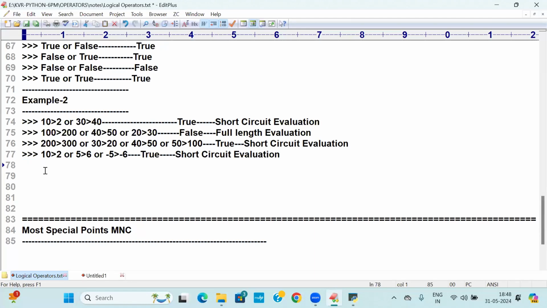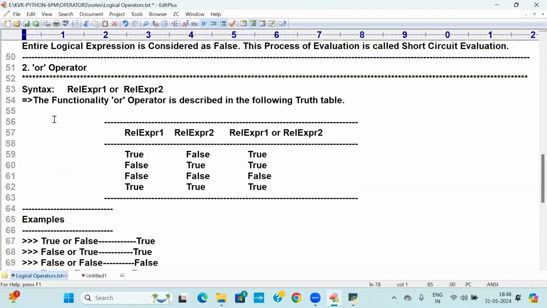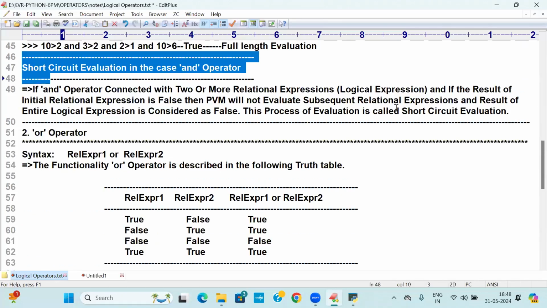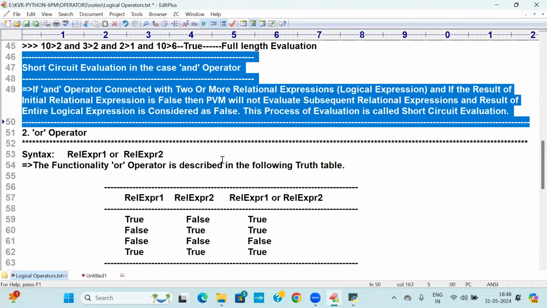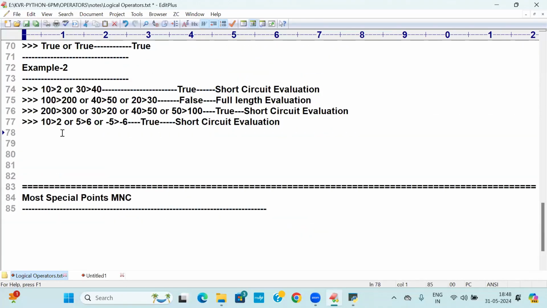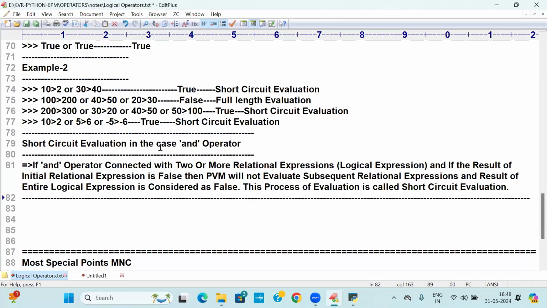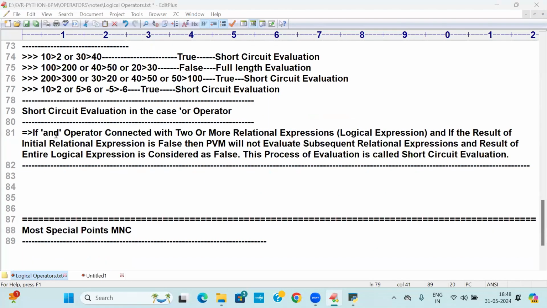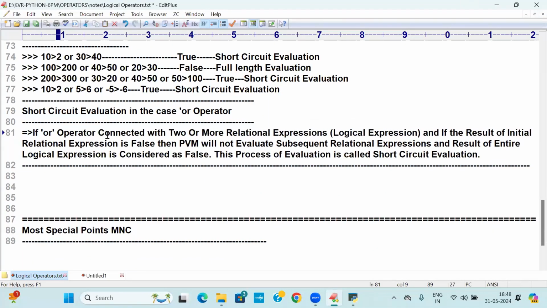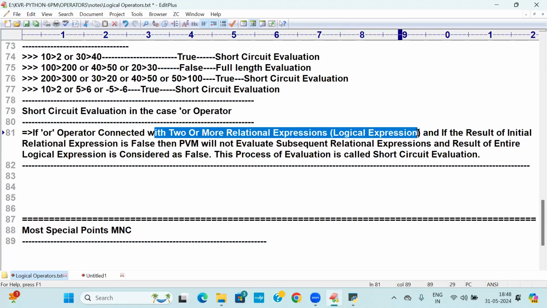Now I want to define. Simply I want to define. What is that? I will carry forward. Tell me, all of you. You only modify that. Say students. Short circuit evaluation of OR operator. Okay. Online students, be comfortable. Here, if OR operator connected with two or more relational expressions, that is called a logical expression.